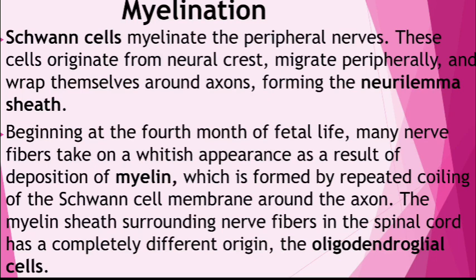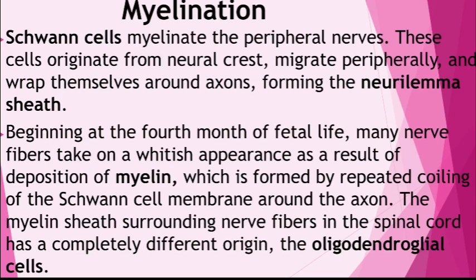But at the 4th month of fetal life, many nerve fibers take up a whitish appearance. Why do they appear whitish? It's as a result of deposition of myelin, which is formed by repetitive coiling of the Schwann cell membrane around the axon.